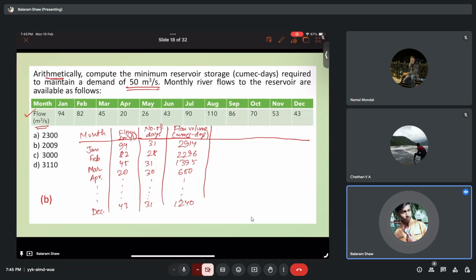So now we have the flow volume. Now what is the demand? Demand is 50 meter cube per second, but it is a constant demand for the whole time. So we have the demand rate, that is 50 meter cube per second. We'll also calculate demand volume, which will be in cubic days.